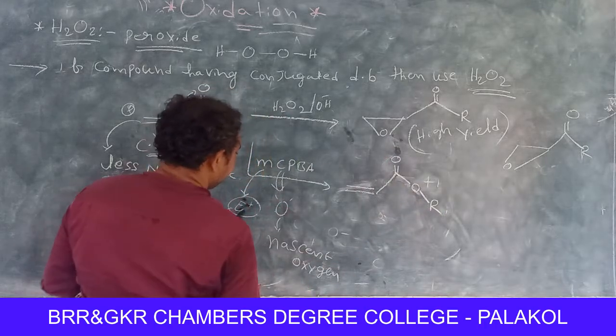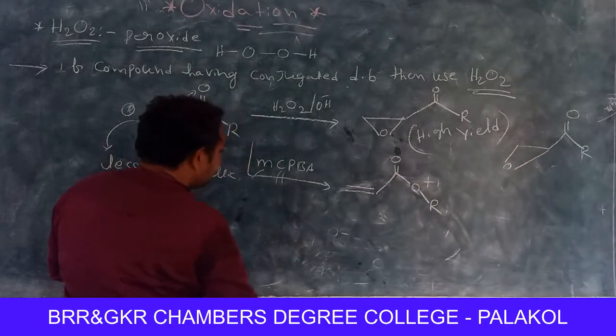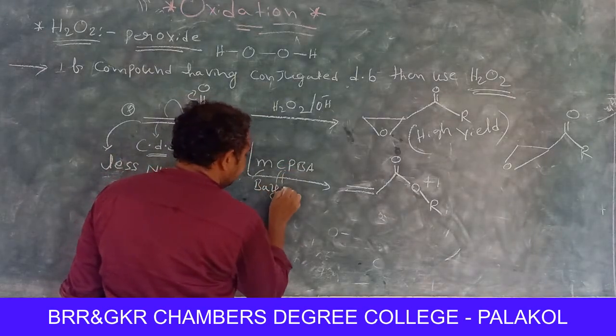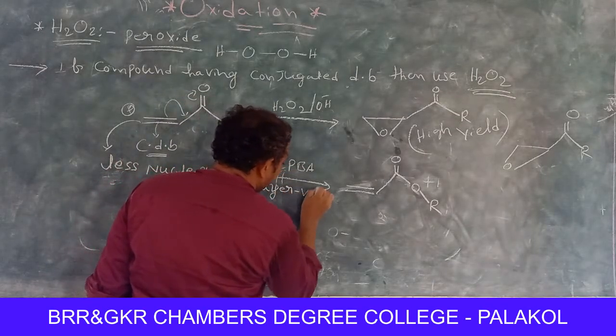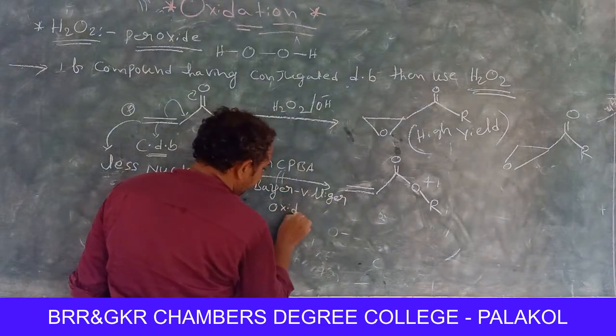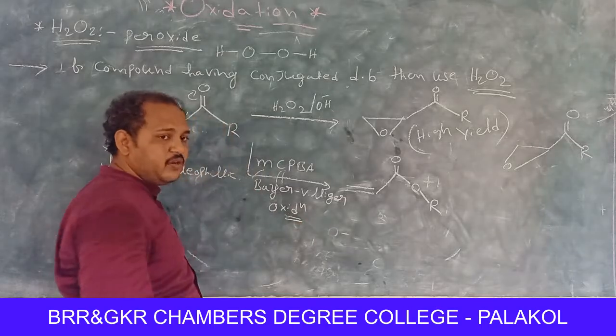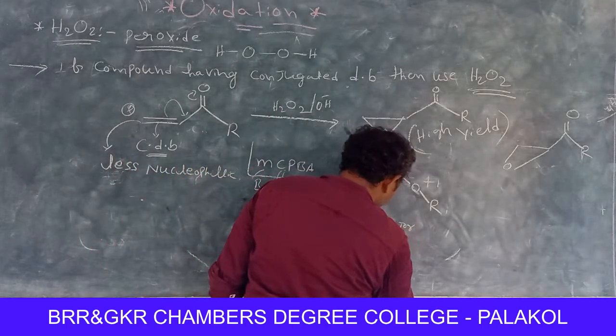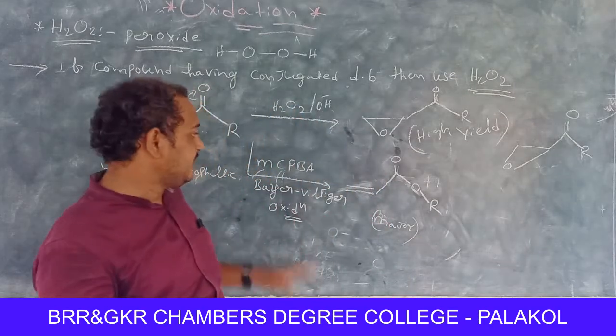So whenever we are using mCPBA, it is giving Baeyer-Villiger oxidation. This is the major pathway with mCPBA.